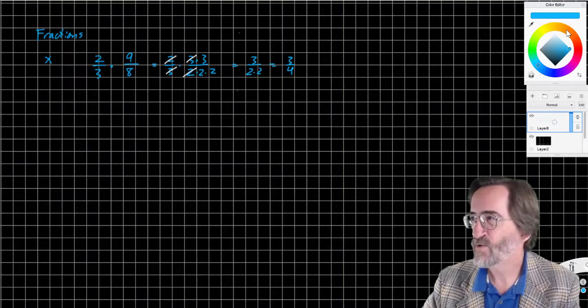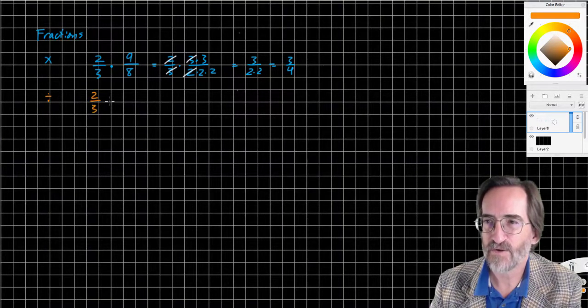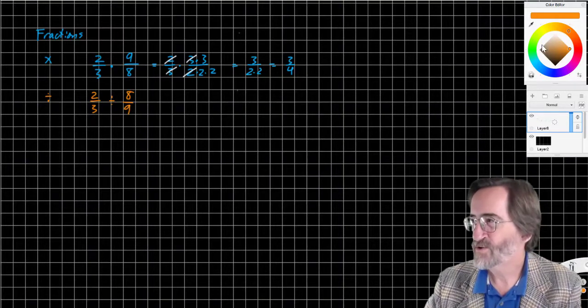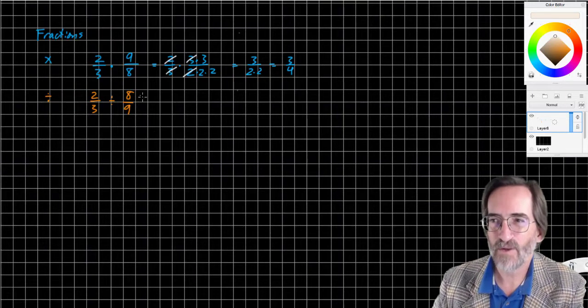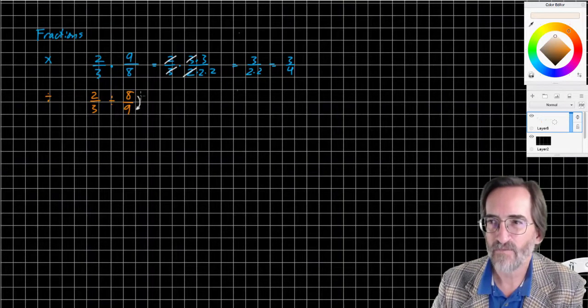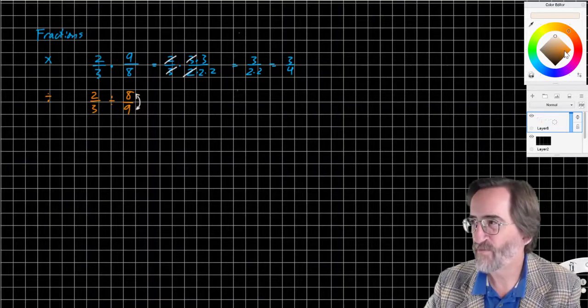Now, I do want to show you a division problem. So division, let's say we had the same problem, 2/3 divided by 8/9. Okay, there's a little saying, yours is not to reason why, but to invert and multiply. We learned early on in middle school that to divide is the same as to multiply by the reciprocal.